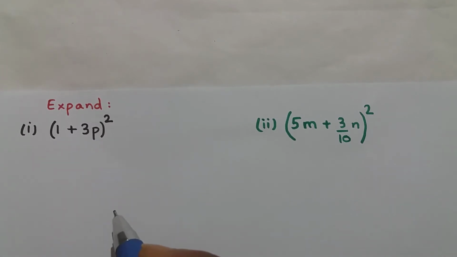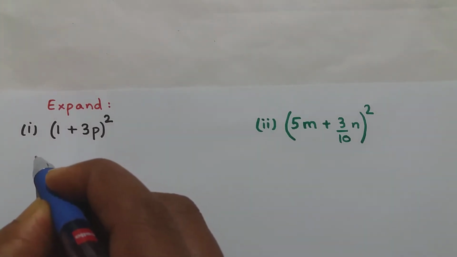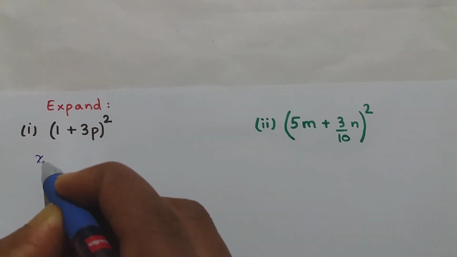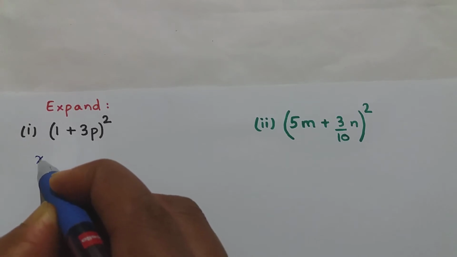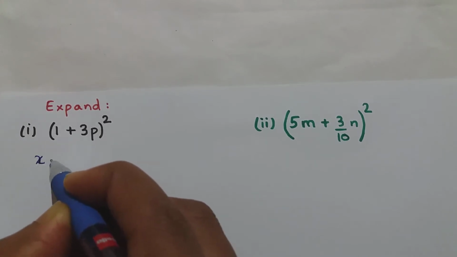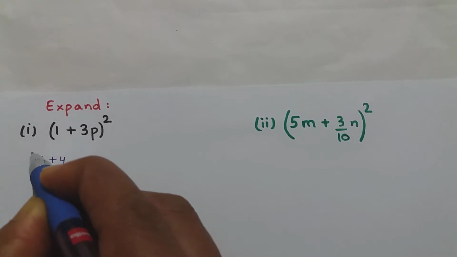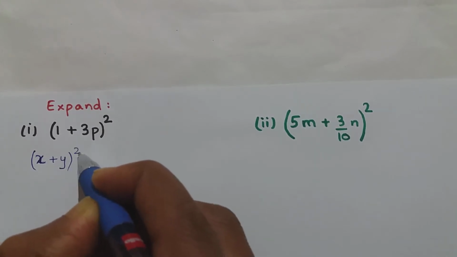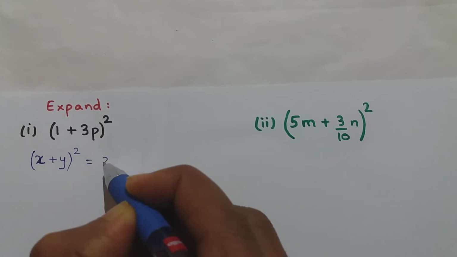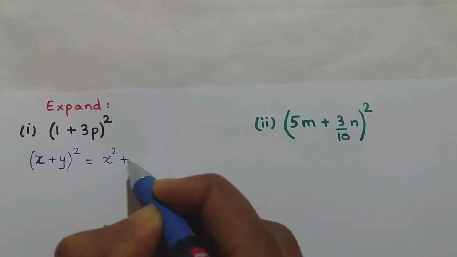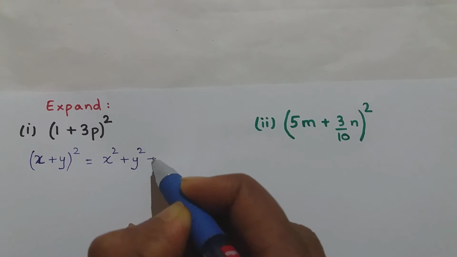Now, I know the algebraic identity x plus y whole square is equal to x square plus y square plus 2xy.